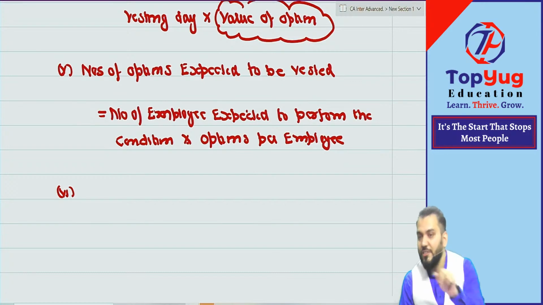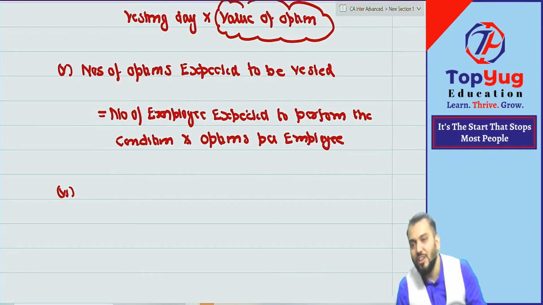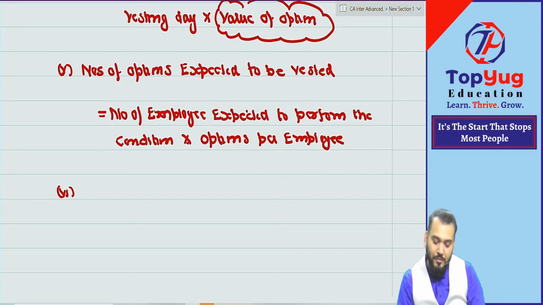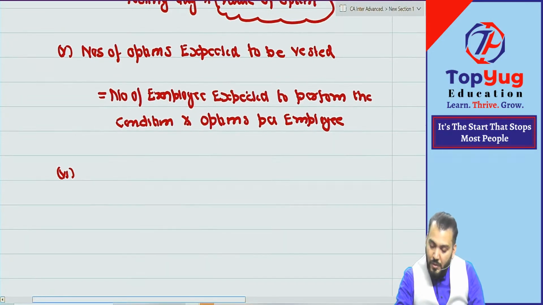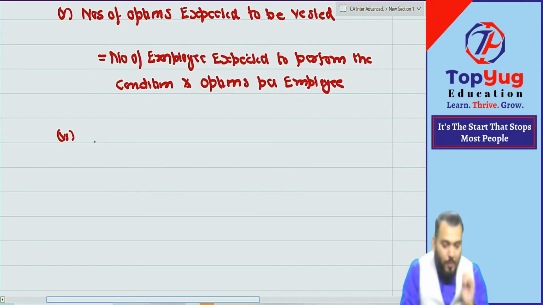So initially I have not discussed. Initially we have done questions based on intrinsic value of option. But now write down.